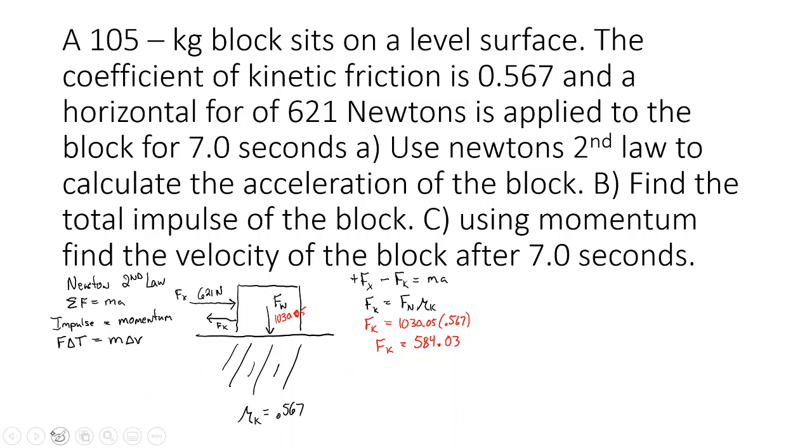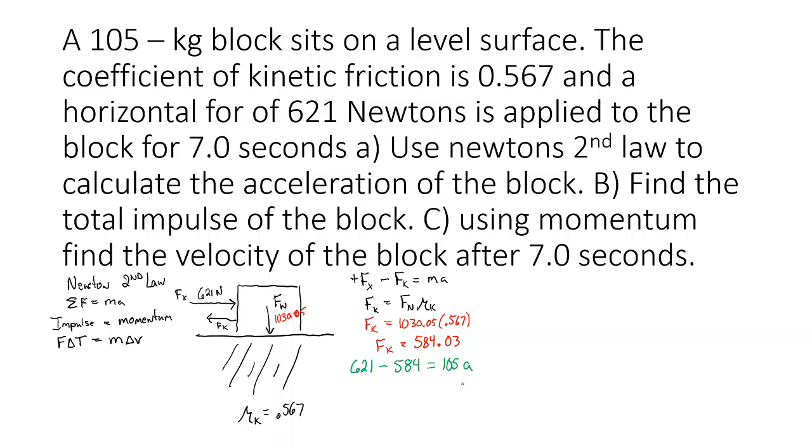Okay, so let's sum our forces. Fx is 621, Fk is 584, and that equals the mass, which was 105, given to us in the problem, times acceleration.